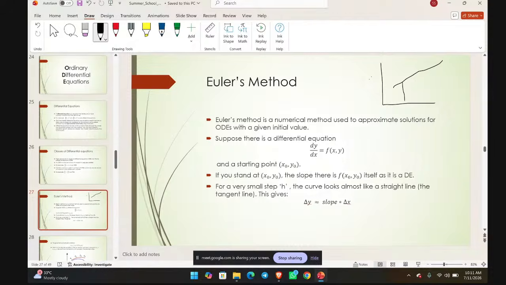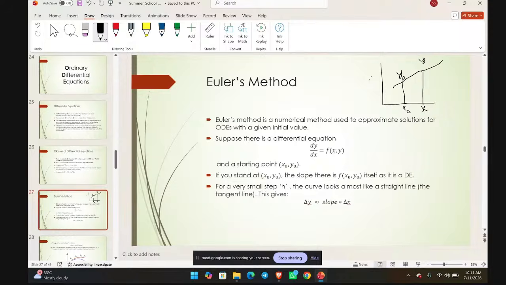At x naught, this is an unknown function, by the way, we don't know the function. That's why we use these numerical methods to solve. The value of the function at x naught is y naught. And for example, we want to find the value of this function at some x. We don't know the value; let's represent it y.